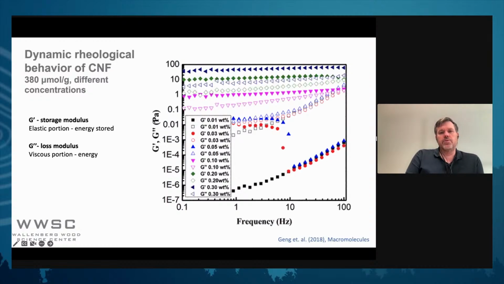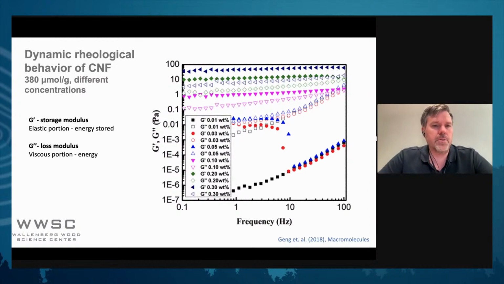We have then tried to start to think about what happens in a nanoscale system, so in our nanofibers setting. If you do rheology at a wide range of concentrations from 0.01 up to 0.3, I want to look specifically at the storage modulus here, which is the filled symbols. We can see that at very low concentration, we have a water-like behavior.